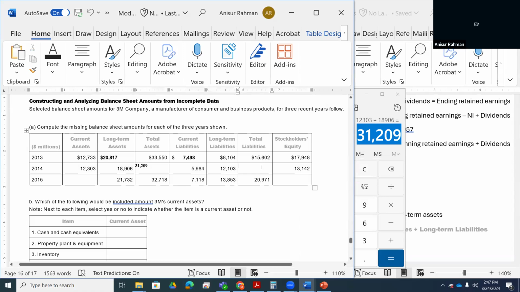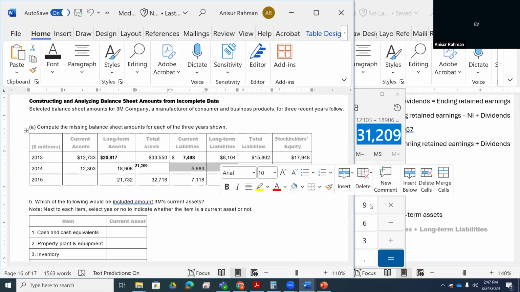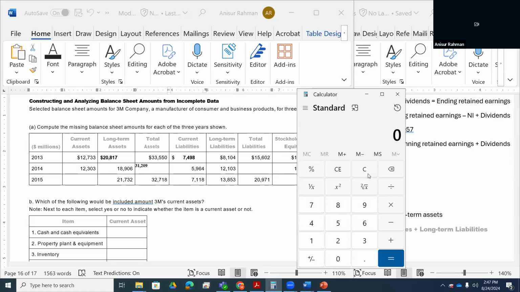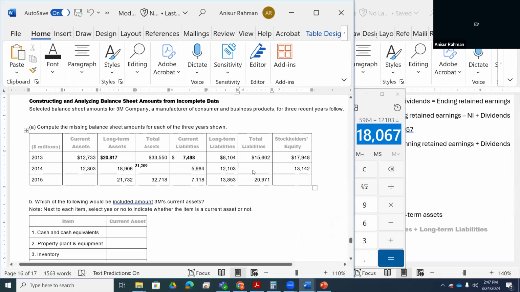Total liabilities, we need to add current and long-term liabilities. $18,067 is our total liabilities.